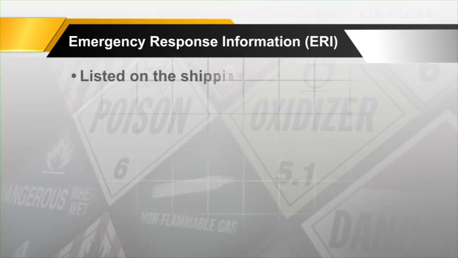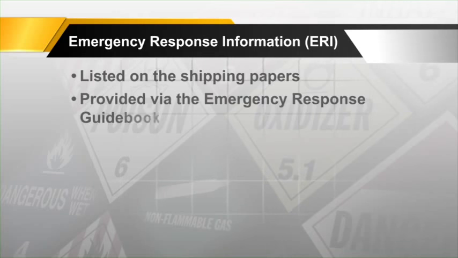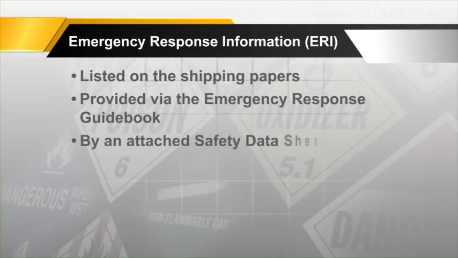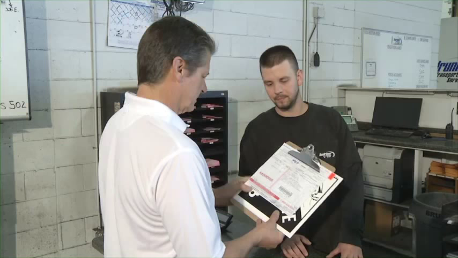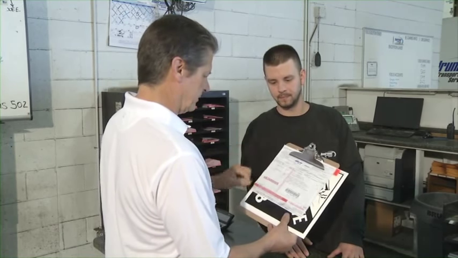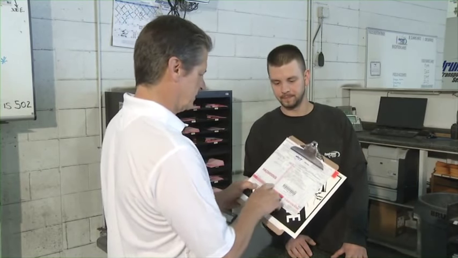The shipper may list emergency response information on or attach it to the shipping papers, or it may be provided to you via the emergency response guidebook or by an attached safety data sheet, an SDS, that contains all the required information. An emergency response phone number must also be listed on the shipping papers for most hazardous materials.